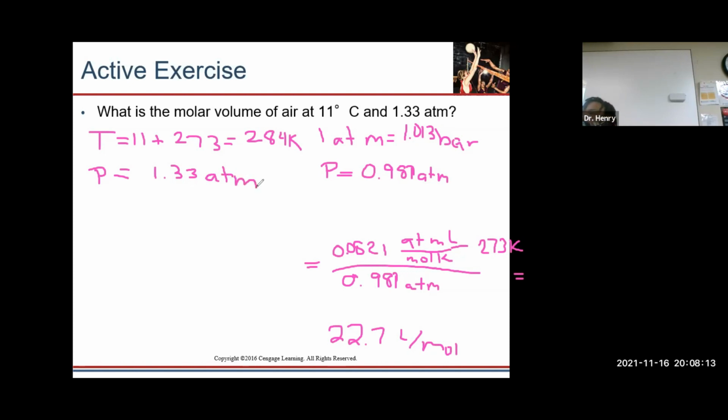So how am I going to calculate the molar volume? Volume over number of moles is going to equal RT over P. We know what R is. What is R?